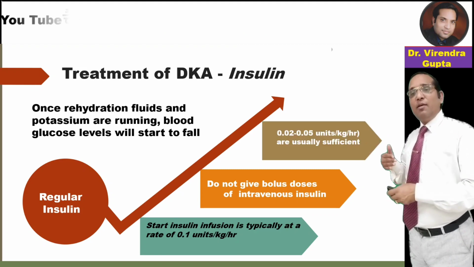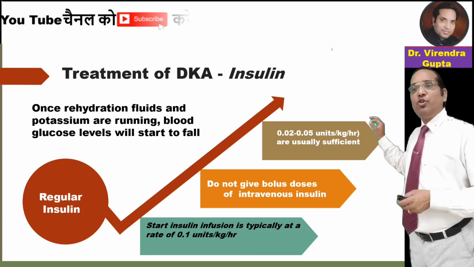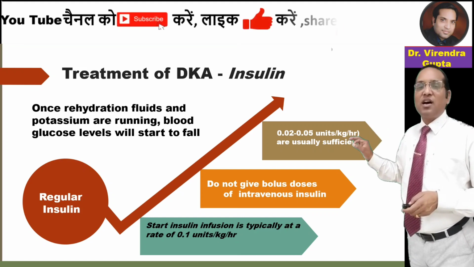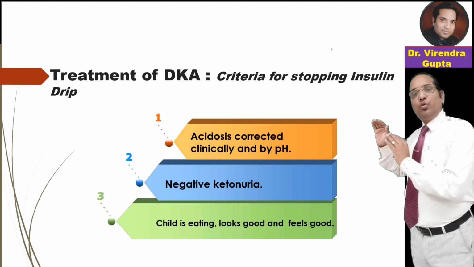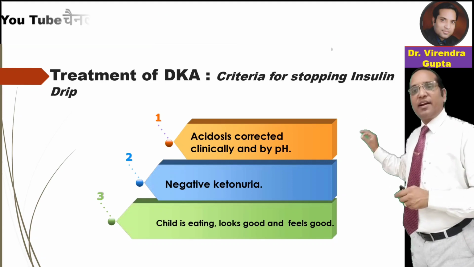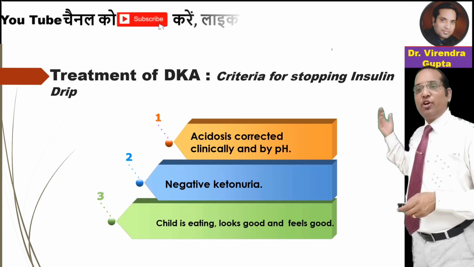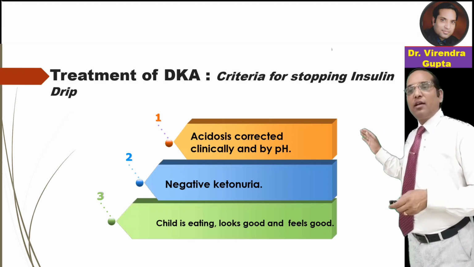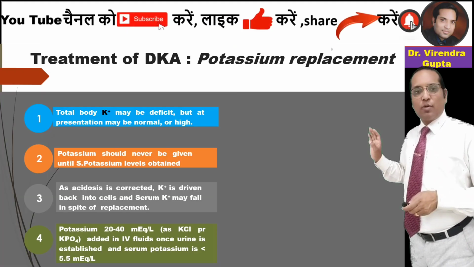It is very important that 0.02 to 0.05 unit per kg per hour is usually sufficient to decrease the acidosis. So guys, to stop the insulin, there is a criteria: the acidosis is corrected, clinically or by pH, there should be negative ketonuria, or the child is eating well and looking good, feeling good. So guys, this is the criteria to stop the insulin.